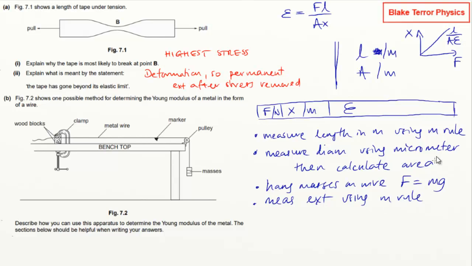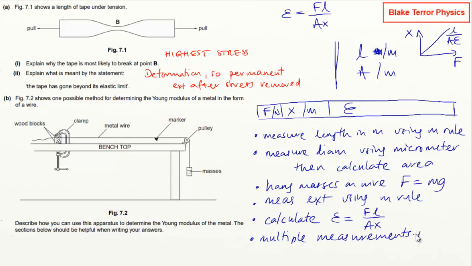So you can see how formulaic all of this is, how we do all of our experiment questions, really. And then we get on to the last bit of, well, what are we going to do then? You can either say calculate Young's modulus equals FL over AX, and then do multiple measurements and average, because that's essentially the same as plotting the graph.